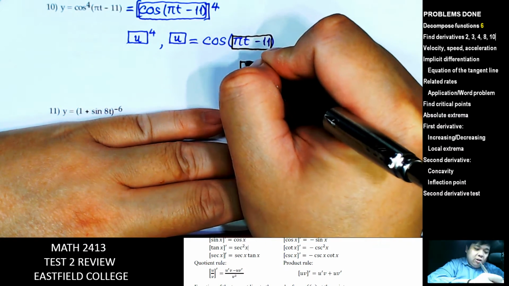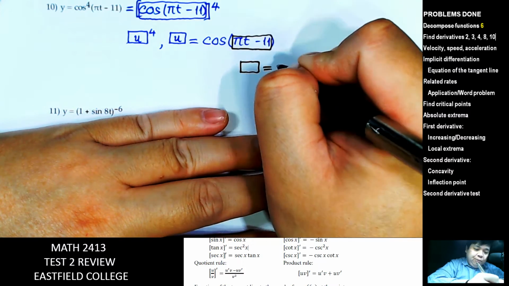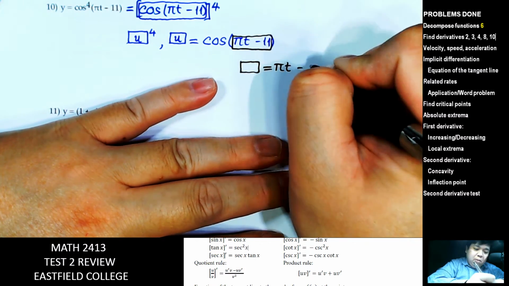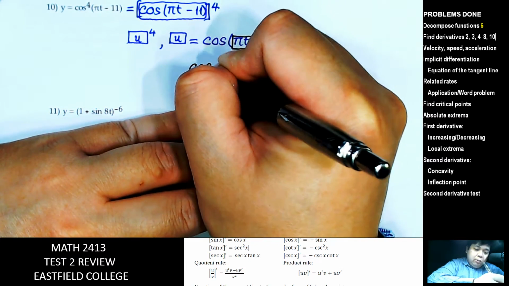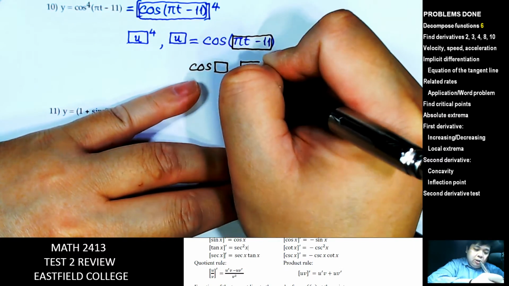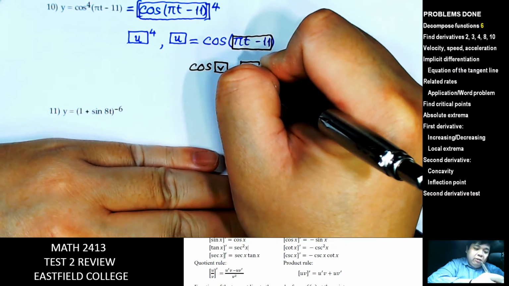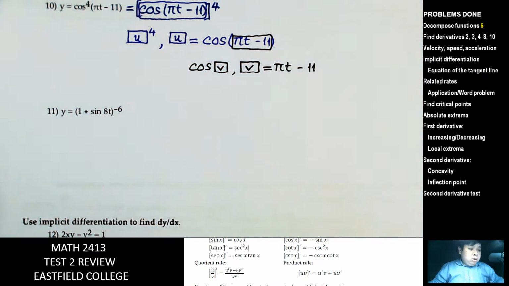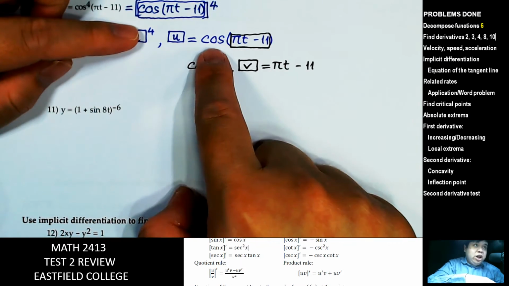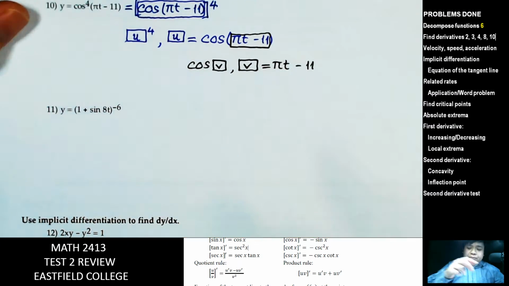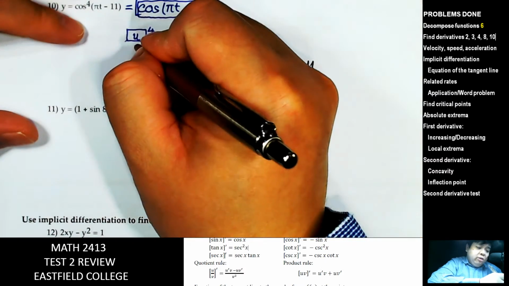So we have the box pi t minus 11, and in front of that cosine of the box. Label that v. So pretty much this function we do not take the derivative yet. It is the chain rule, so decompose that again. Now we take the derivative of this.